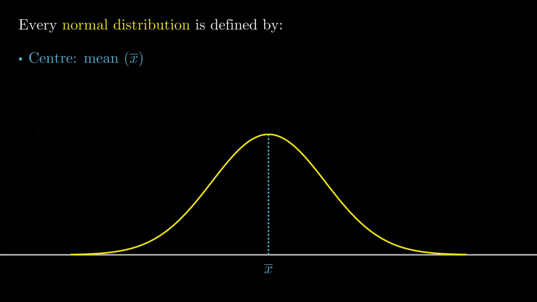Then we also have the spread, which we measure by using the standard deviation. Now, if you've forgotten what that is, I'll leave a link in the description, but in short, the standard deviation measures spread by sort of averaging how far everyone is from the mean. And we use that symbol sigma to denote that number.